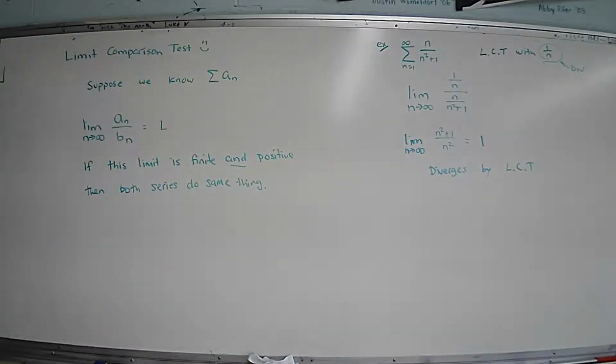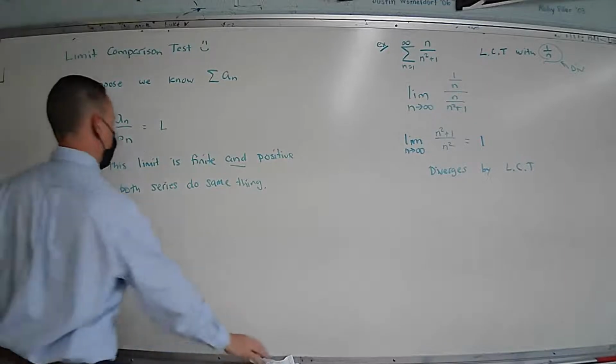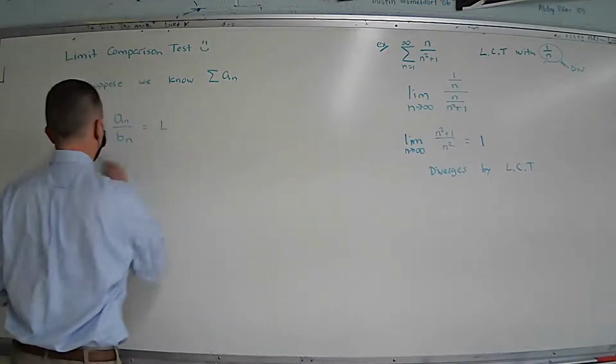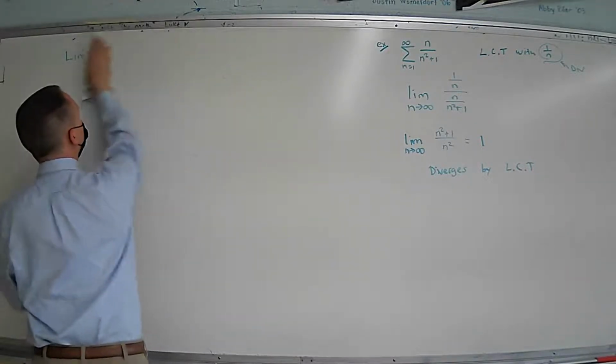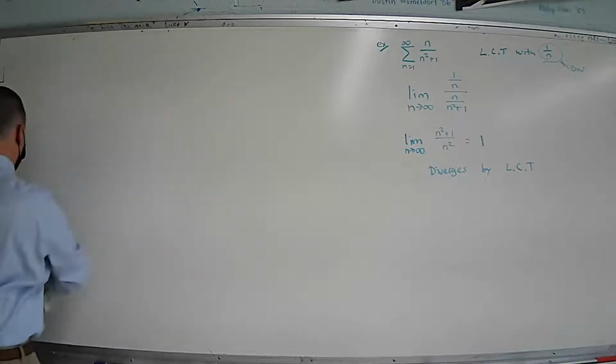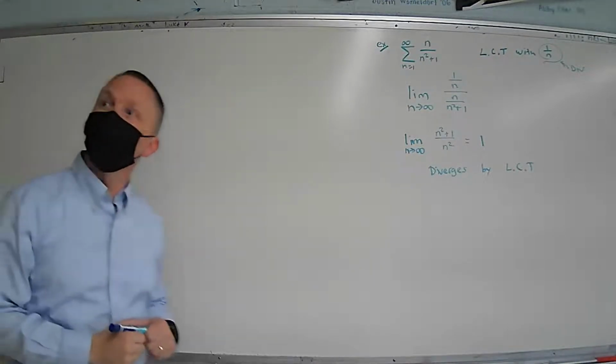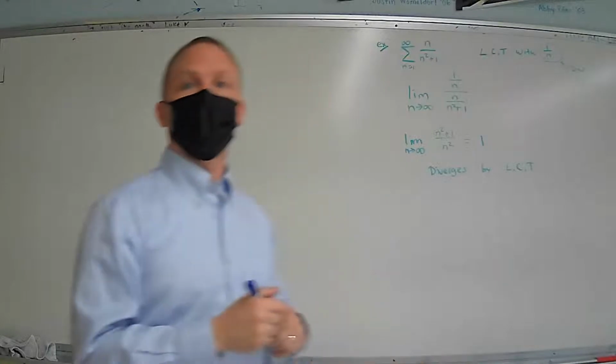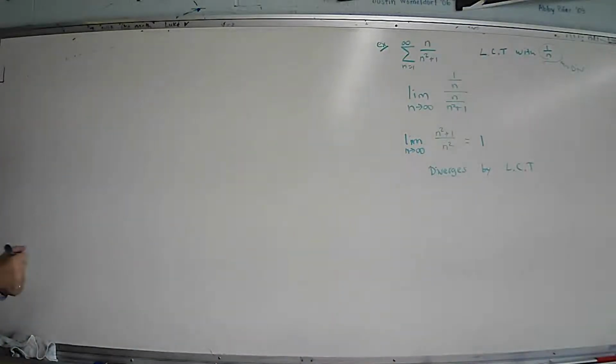All right, let's do another one. You'll never get the limit of a_n over b_n equals 0. Oh, that's a good question.